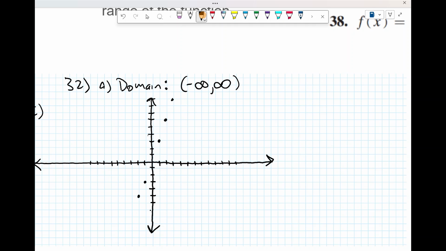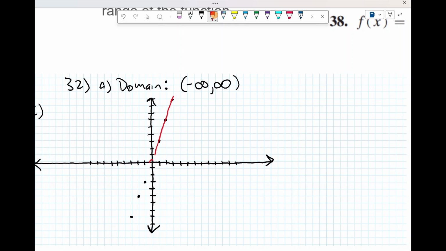Now, these are not the only points on this graph, because obviously all the points in between, for example, 1 and 2, are going to be included on this graph. And so what I really want to do right here, and I'm going to do this in red so it's a little easier to see, is if it was just 3x, it would be a straight line going through the origin.